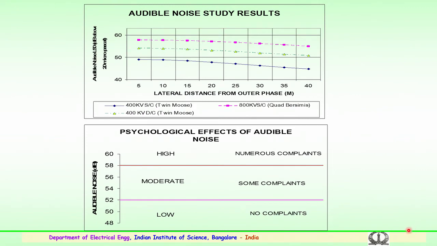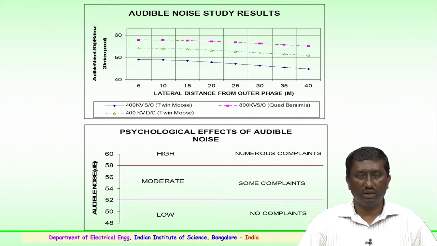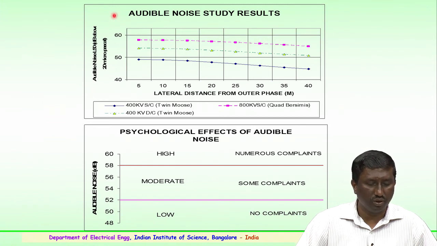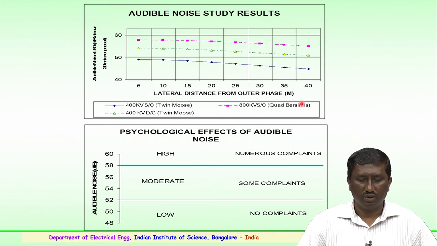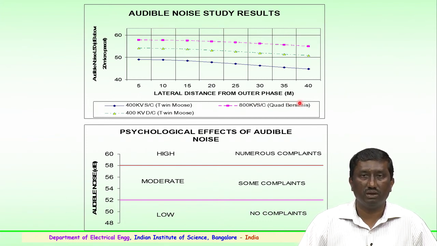Similarly for audible noise, a lot of studies have been carried out for 400 kV EHV and ultra high voltage lines. You can see the audible noise in decibels versus the lateral distance from the outer conductor face towards the ground side.